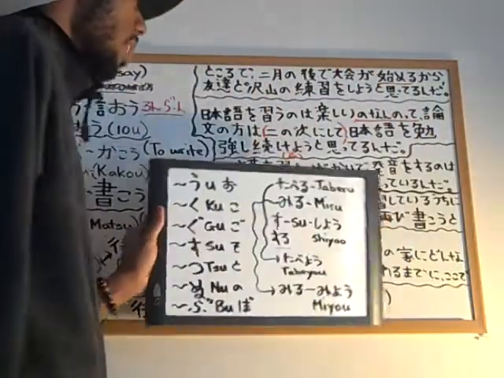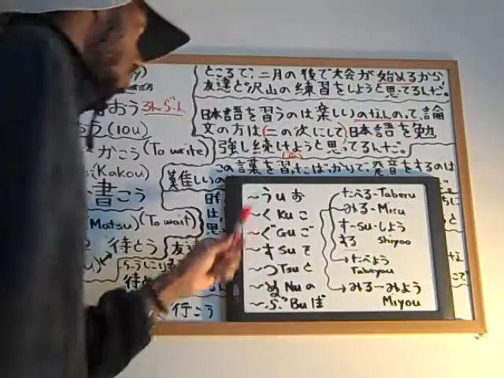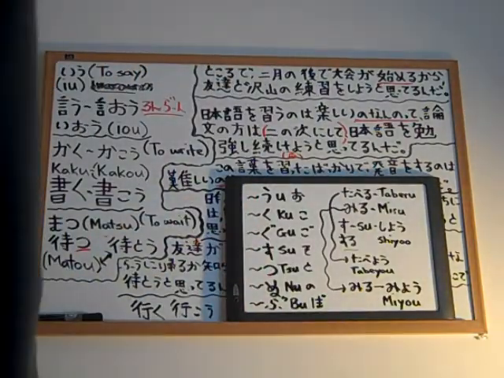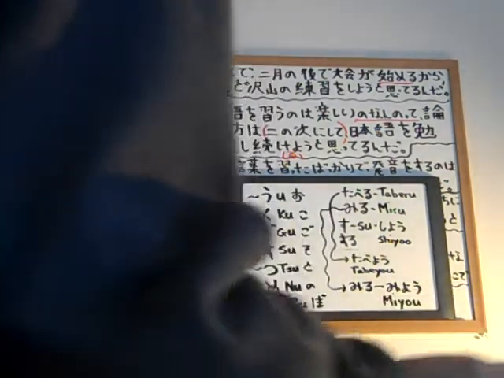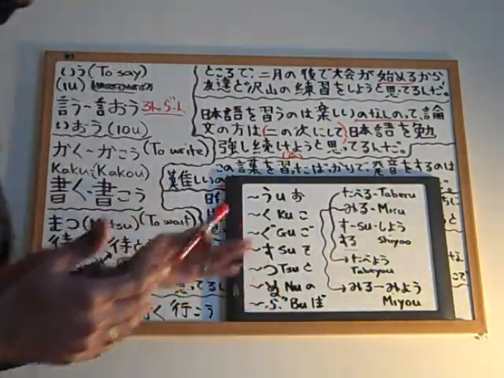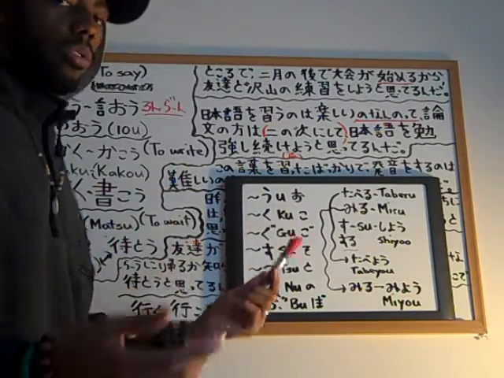You just have to remember it depends on which verb you use with that construction, okay? It all depends. So just follow this chart here, practice that a little bit until you start getting used to it. But that's what you have to do. If you have oo, it becomes o, ku becomes ko.